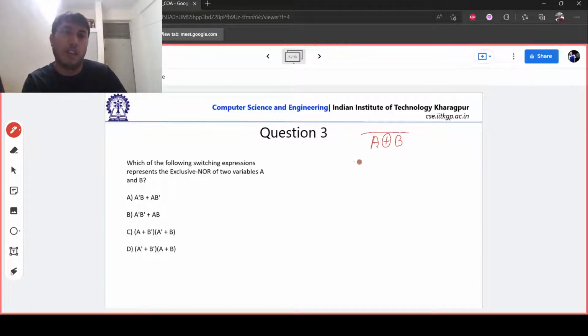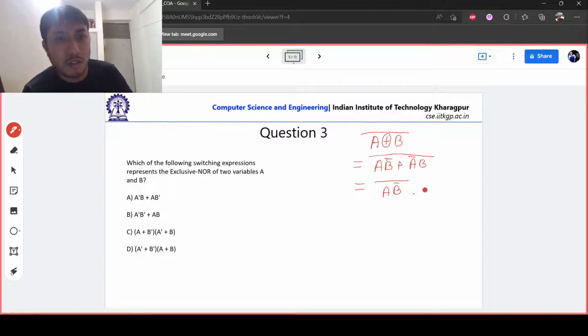A XOR B is, as we all know, a very common formula, A B bar plus A bar B. So this can be represented as (A B bar plus A bar B) bar, using the principle of duality, De Morgan's law.